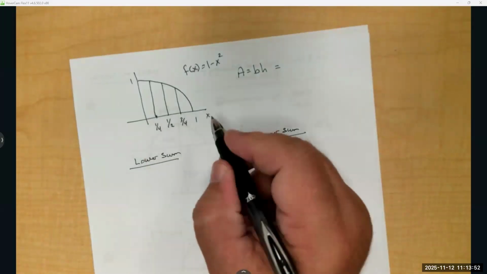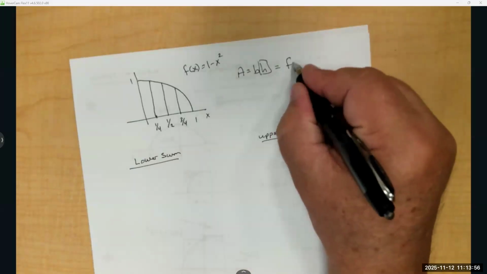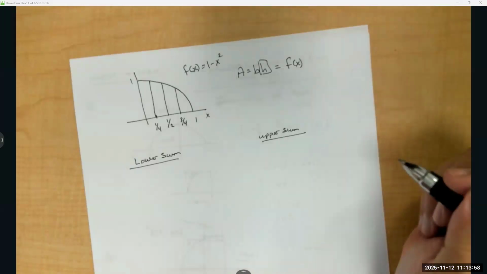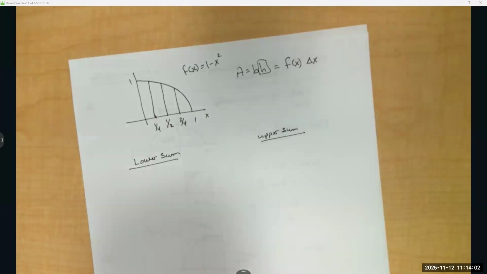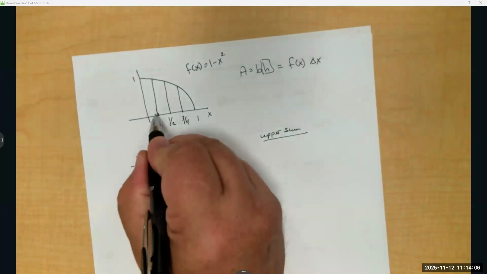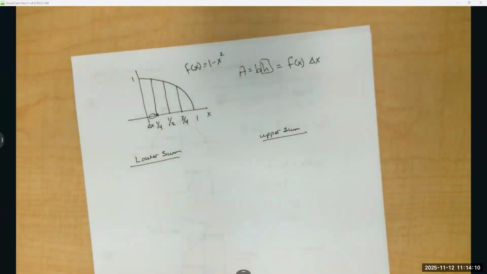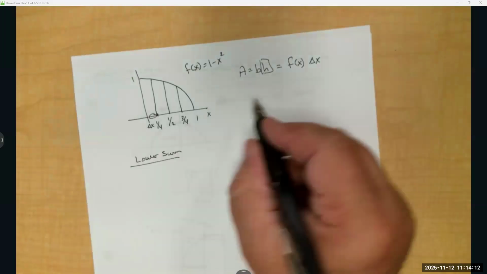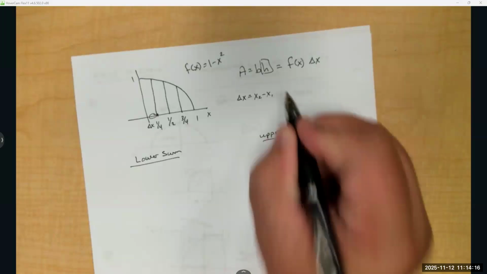The height is our function, and the base is our width, which is the change of x, because each one of these is now delta x wide. Delta x means x2 minus x1.